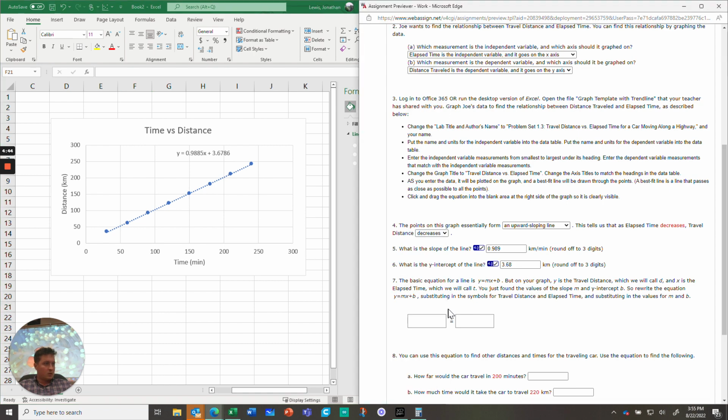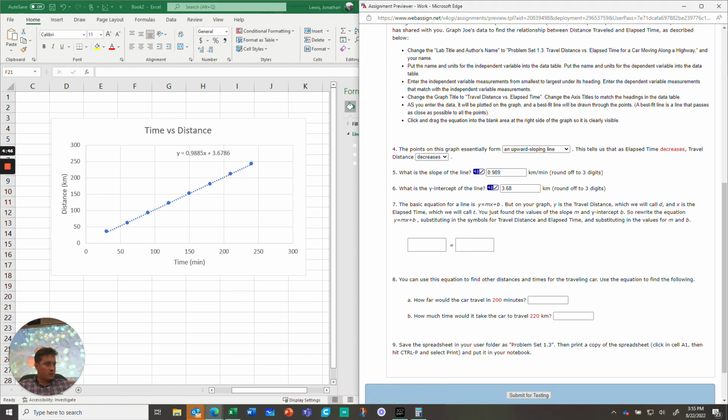Okay, so the basic equation for a line is y equals mx plus b. In this case, y is travel distance, which we call d, and x is elapsed time, which we call t. So basically just swap y for d, because y is measuring distance, and swap x for a little t, because x is measuring time.